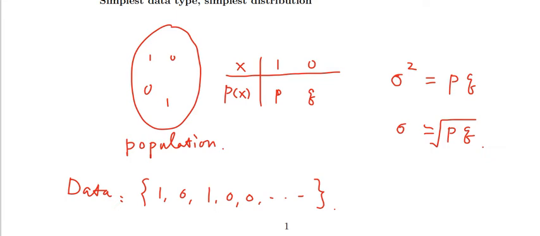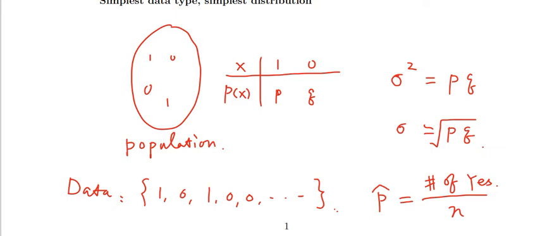From this data, we can find the percentage for saying yes, p hat. So p hat equals the number of yes divided by how many people in total. This is p hat.